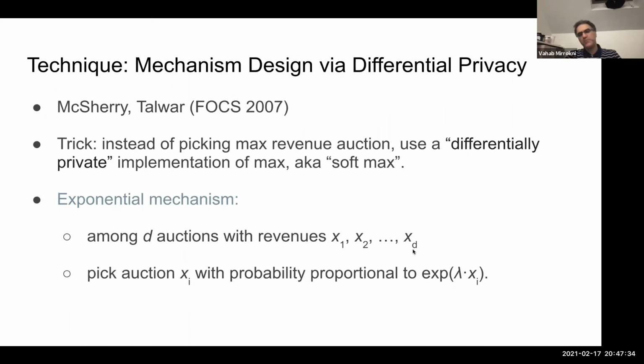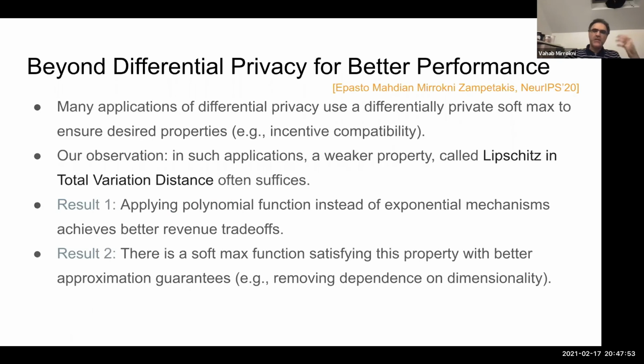So we move from pure max to soft max, and on the way we achieve some differential privacy property, that we are learning in a more private manner from the data, and at the same time we achieve what we call approximate incentive compatibility. So this is the core idea.